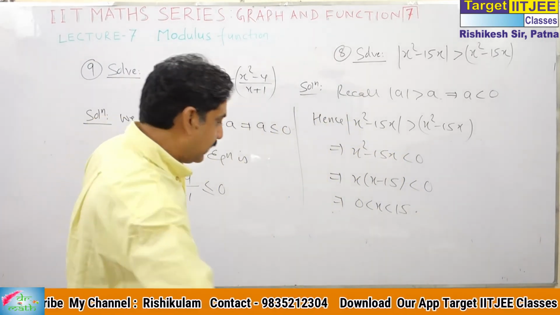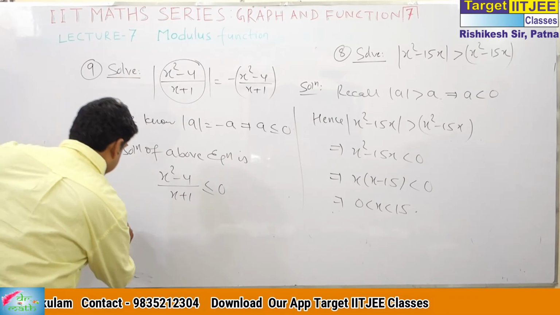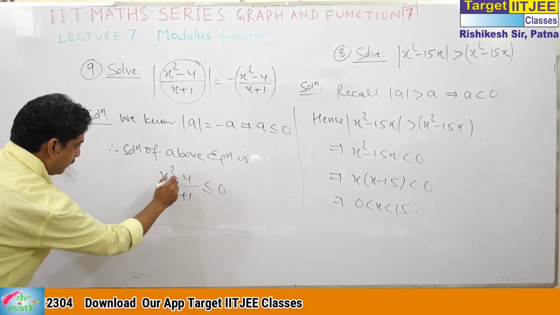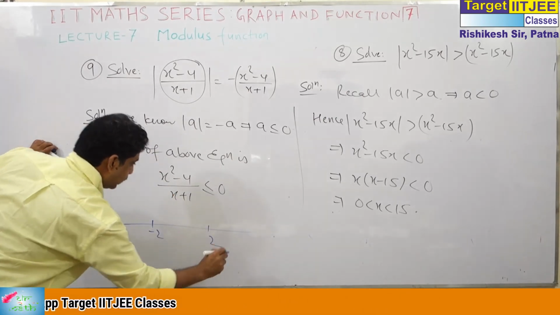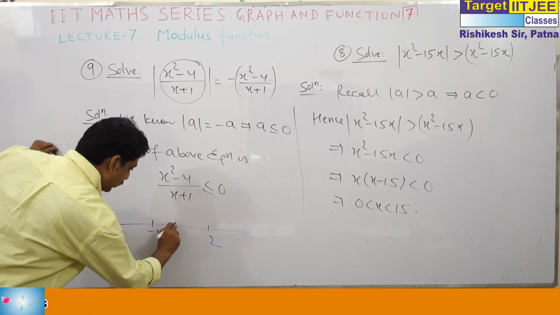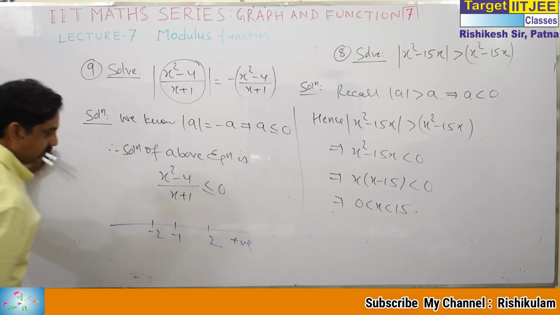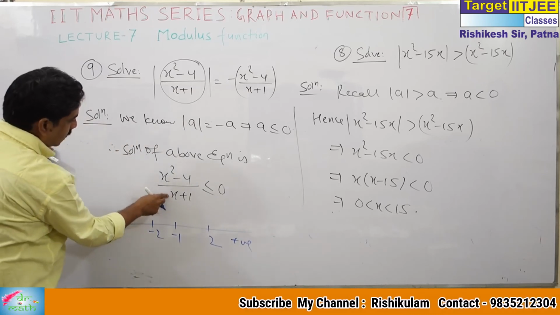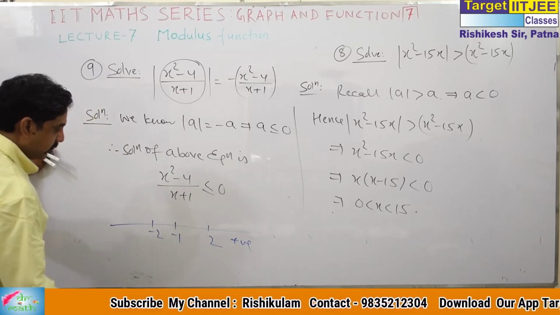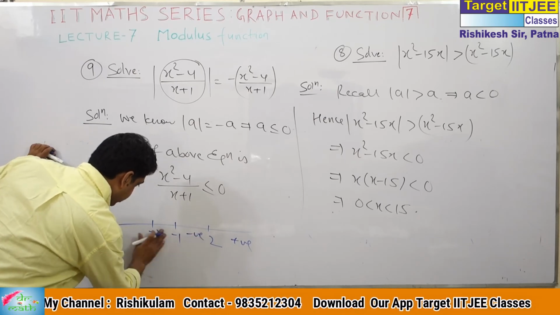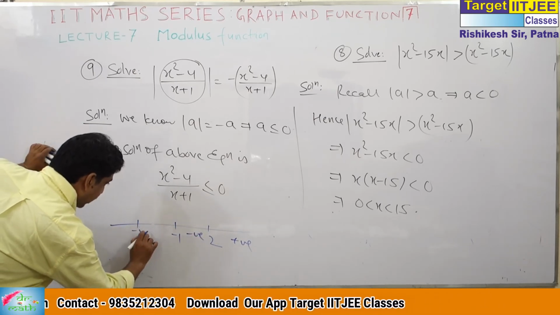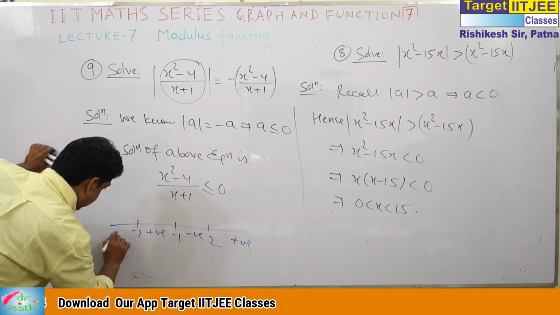The numerator is 0 when x is −2 and 2. The denominator is 0 when x is −1. For the extreme right, the sign is positive, since the leading coefficients of numerator and denominator are both positive. Then the signs alternate.